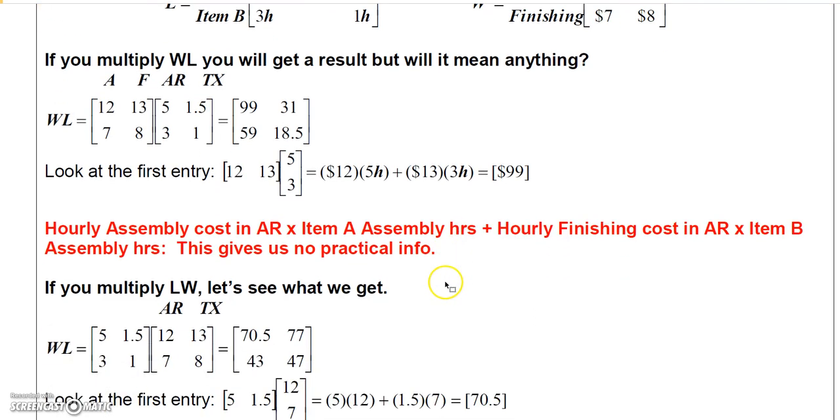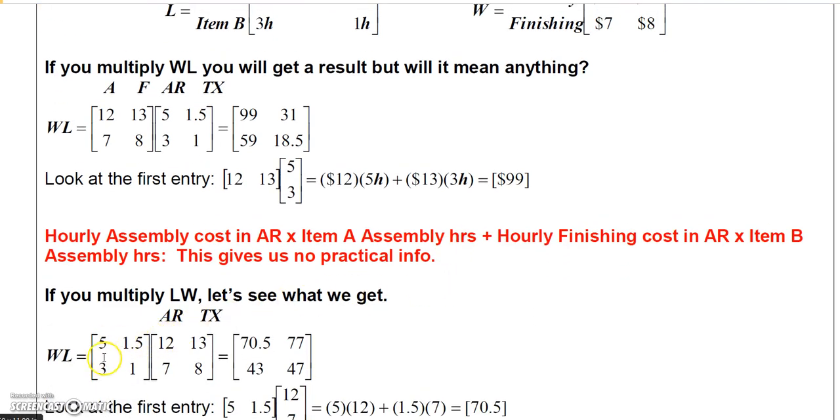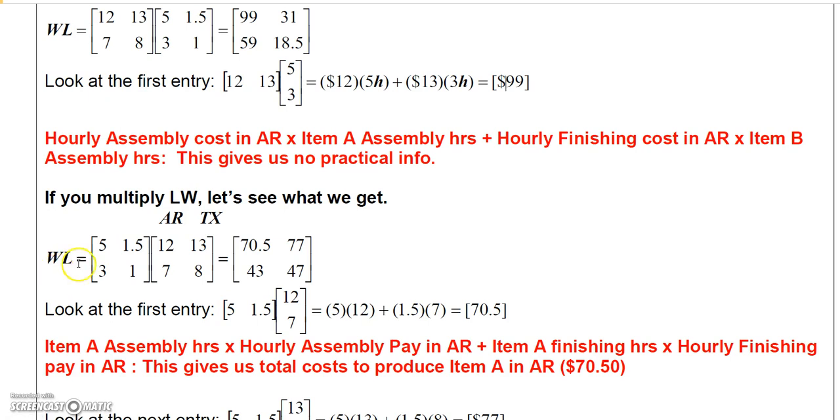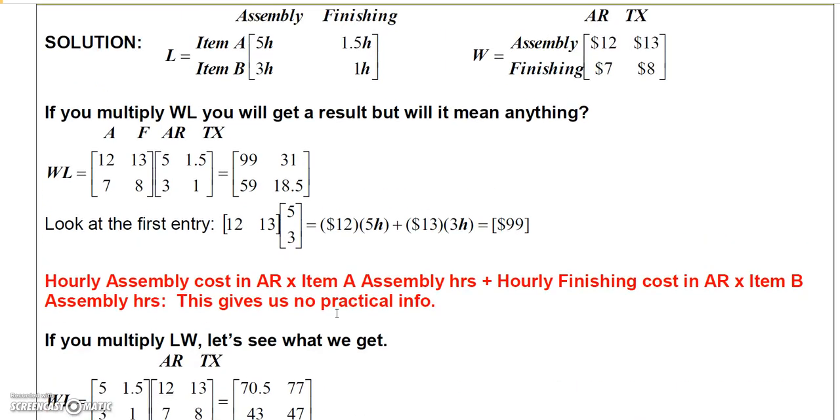I don't really find much help there by adding these numbers together. But if we turn that around and multiply L times W, now let's look at this first entry. Again, you can check this product and see that you get these values. We have 5 times 12: item A, 5 hours, at $12 per hour for assembly.